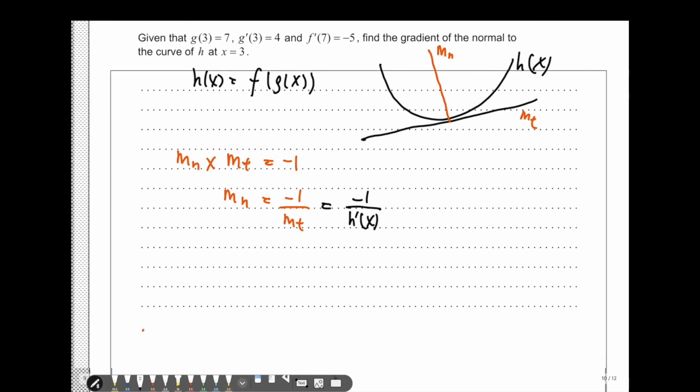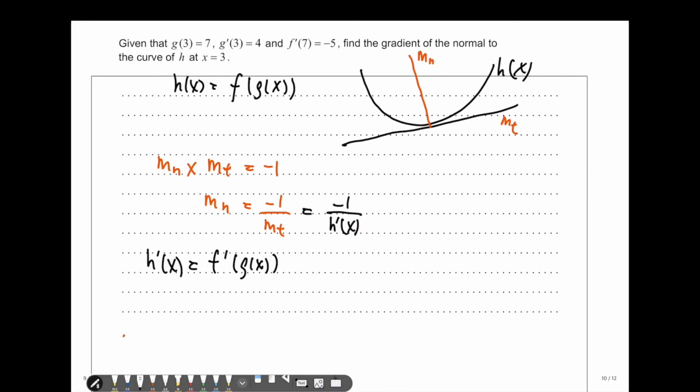And now we have to do the differentiation of the function. So h prime x is equal to f prime g(x), and then we have to differentiate the inner function. So that is g prime x.